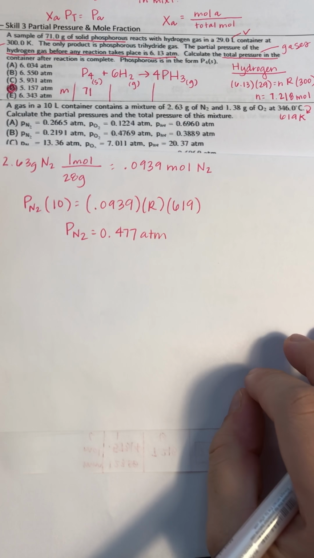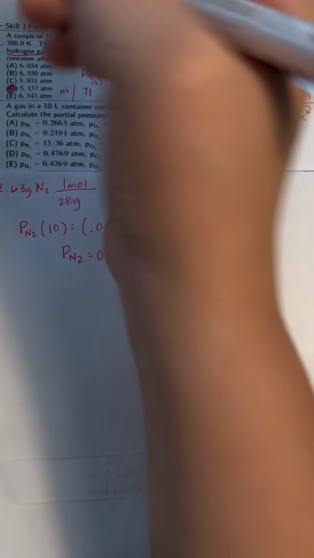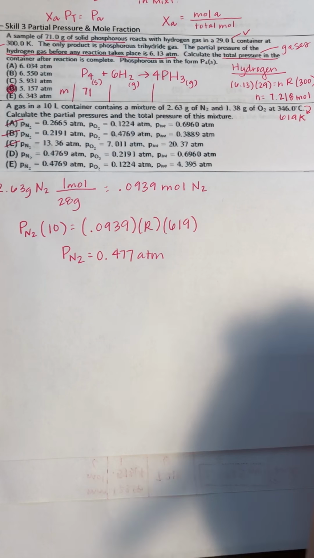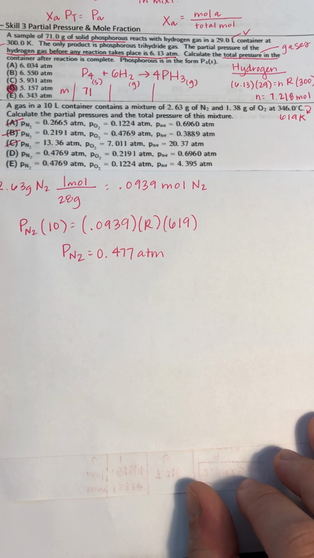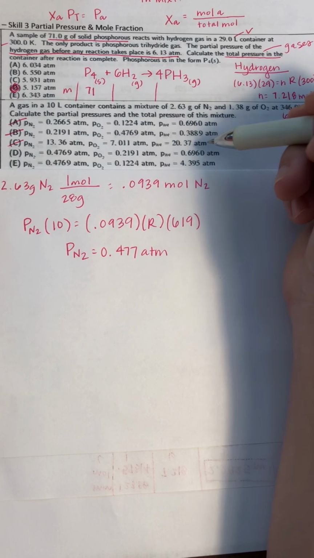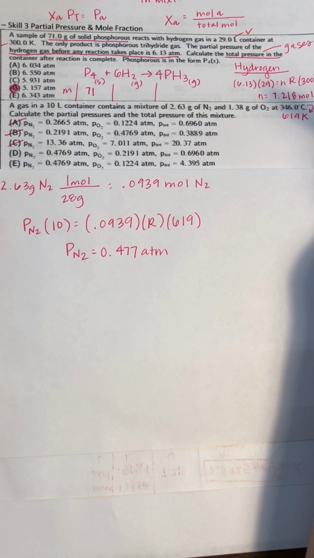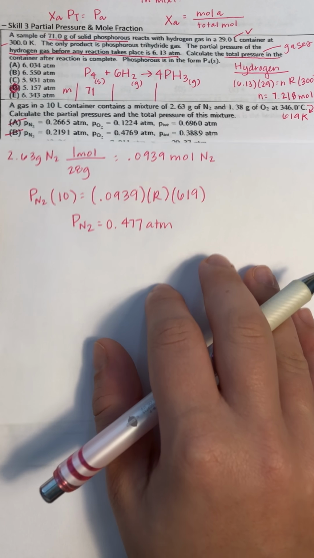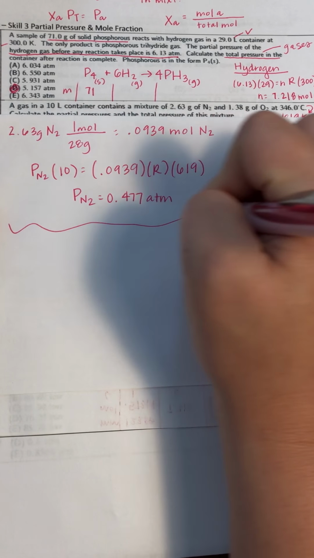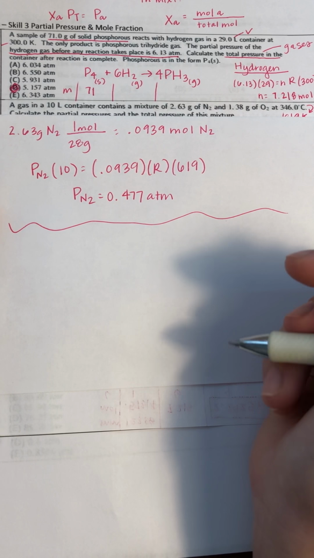I'm going to go to my answer choices, and that eliminates A, B, and C. Right? So now I'm going to go ahead and do the same thing for oxygen, and then that'll give me my answer, but then I'll prove how to get total pressure. So now I'm going to take my grams of oxygen and do the same thing, find moles, find pressure of it, eliminate some.